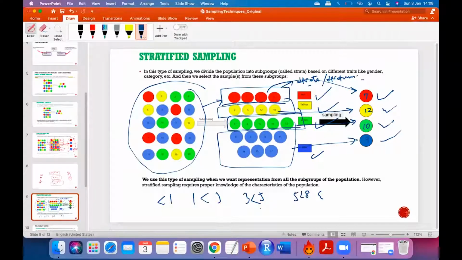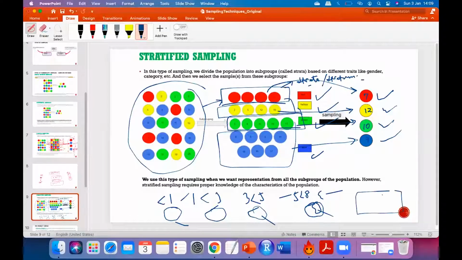Now I want representation from each of these strata, right? I can make the strata of all these subgroups, and now I am selecting people randomly belonging to these strata. In this way, I am sure that my sample contains representation from all the strata or all the subgroups.